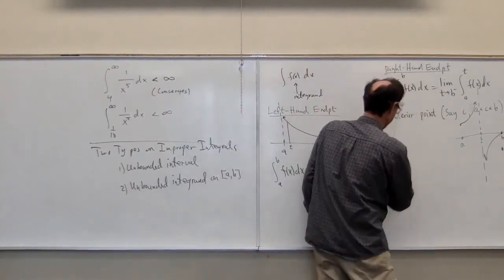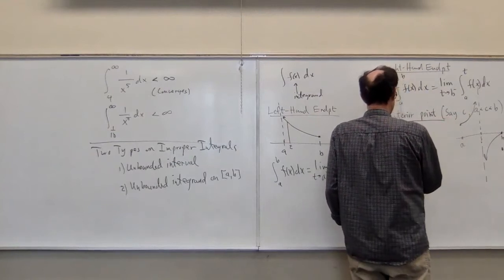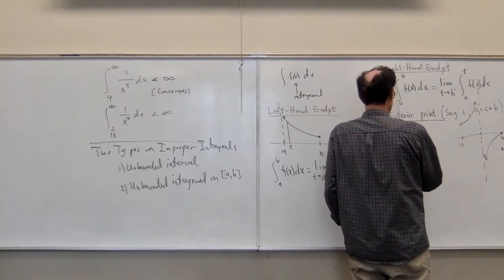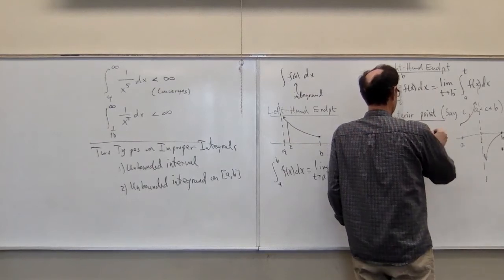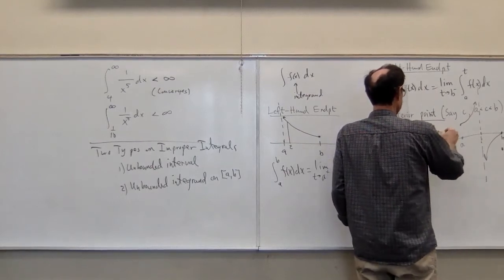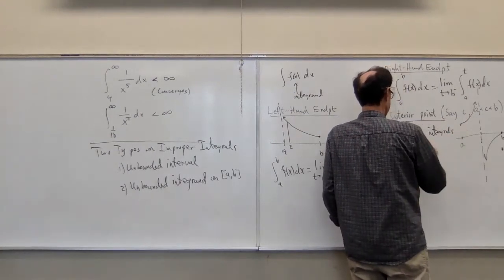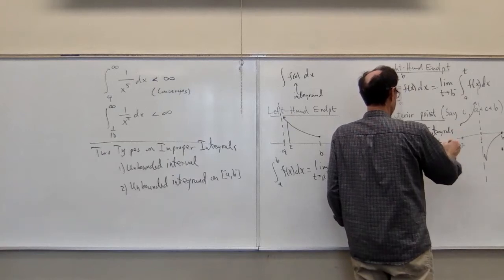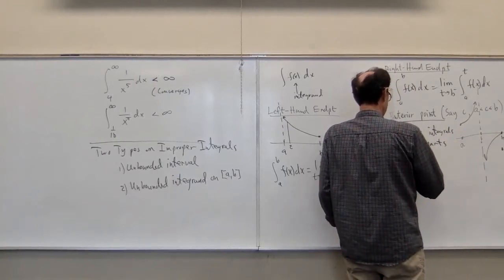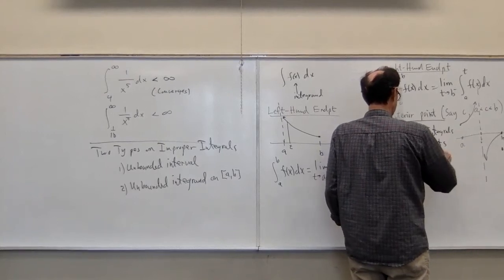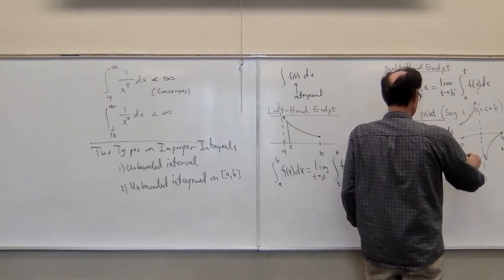Let me say it this way. Evaluate the improper integrals over the two parts of the interval A to B. Those parts are A to C, and then C to B.